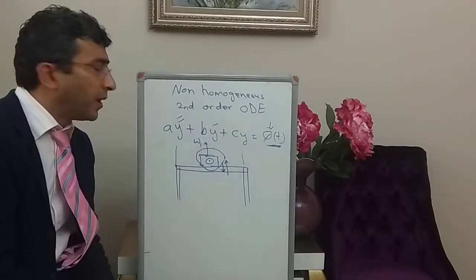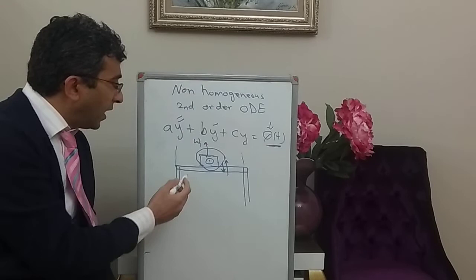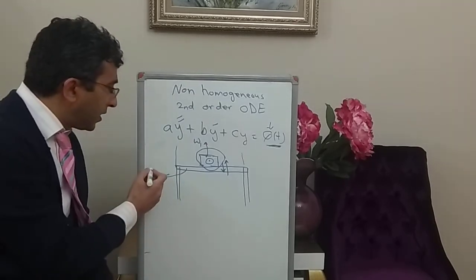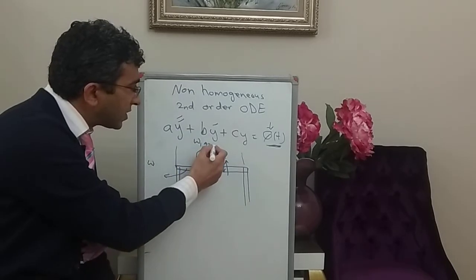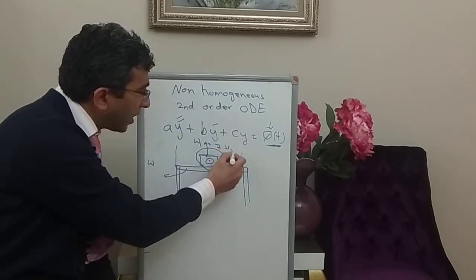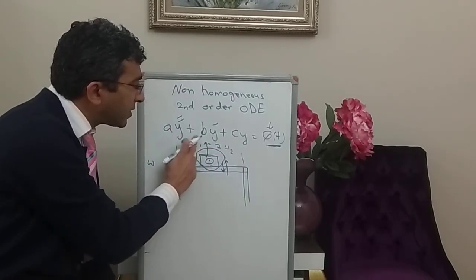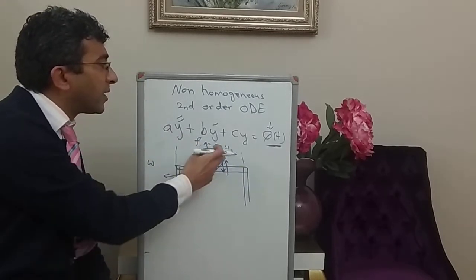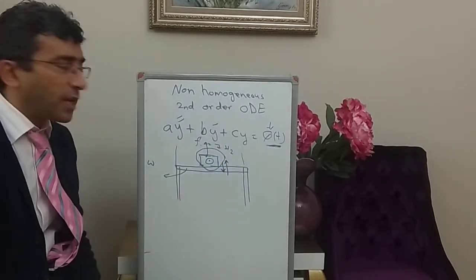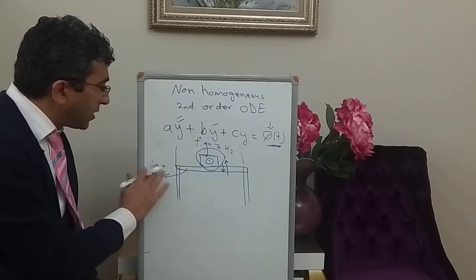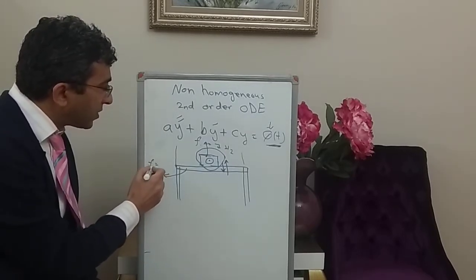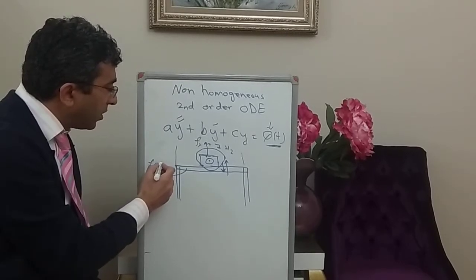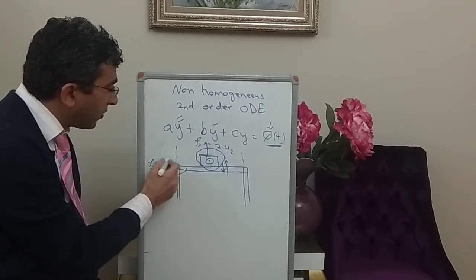It's actually not omega, this is a frequency f, because there is a relation between them. The frequency of this machine is 7 Hertz, for example, and the free vibration frequency of the slab is, for example, 2 Hertz.